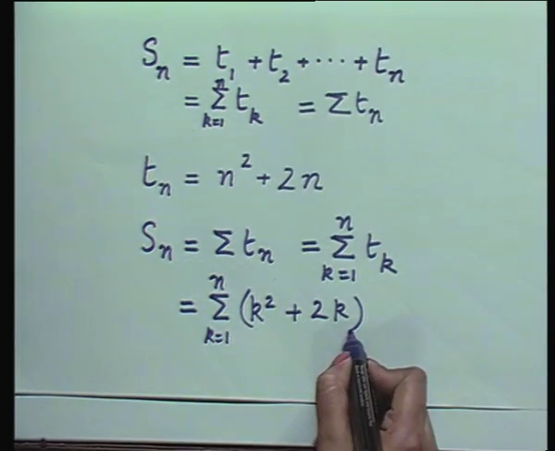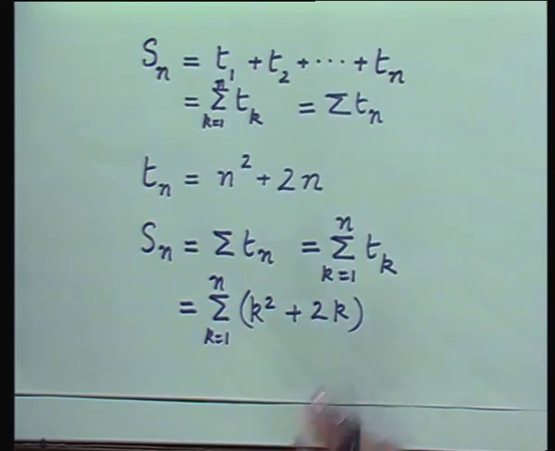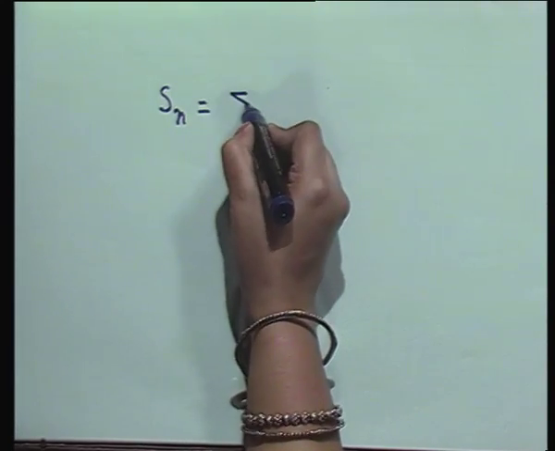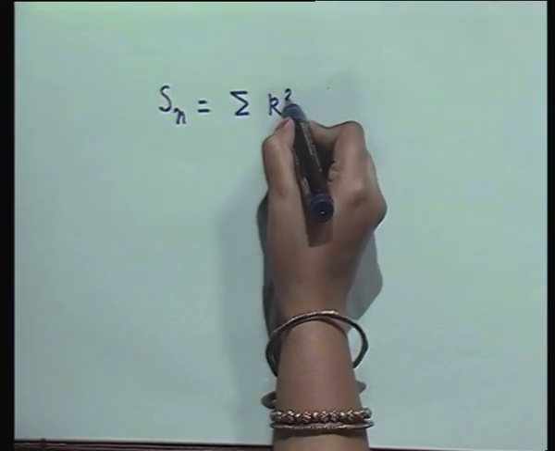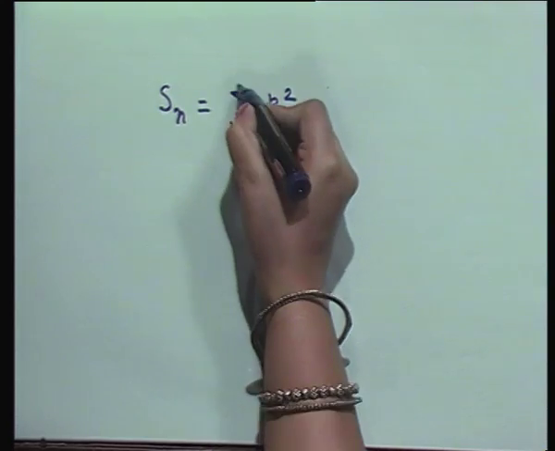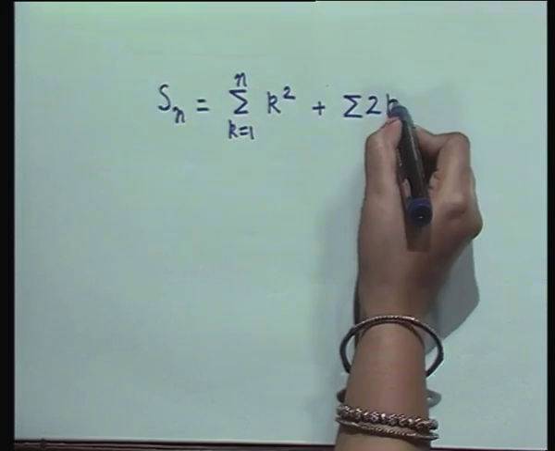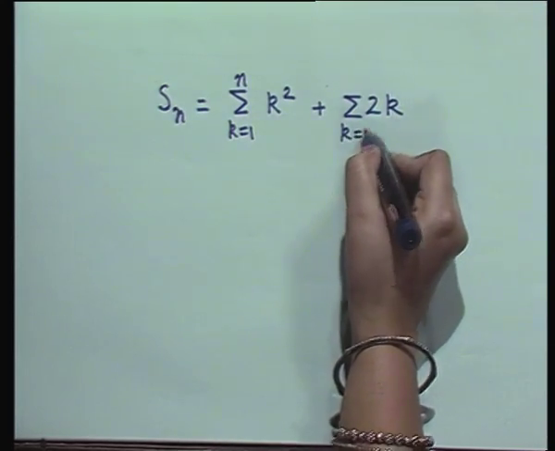Since addition is distributive, I can take the sigma inside the bracket and write Sn as sigma k square, k varies from 1 to n, plus sigma 2k, k varies from 1 to n.